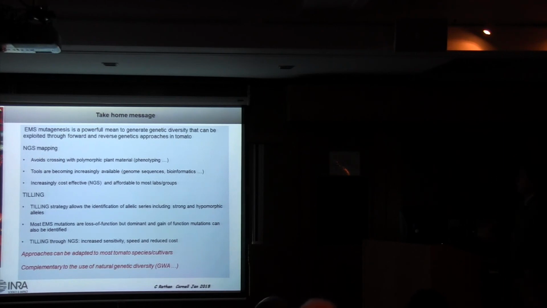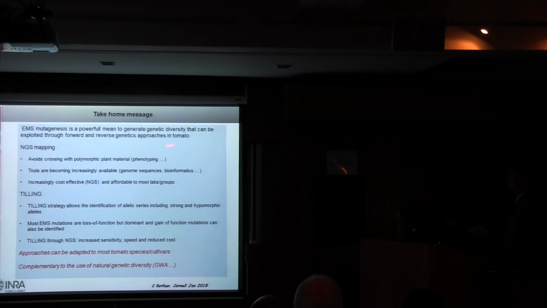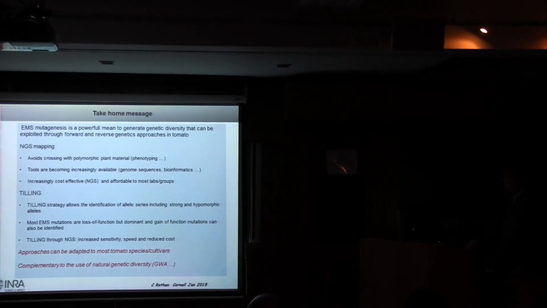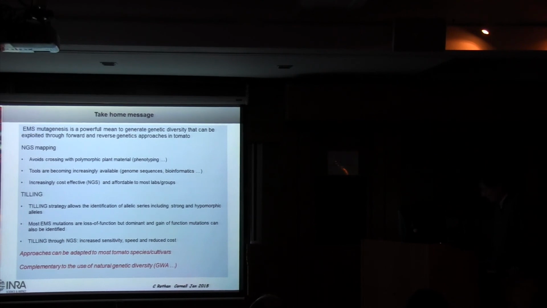With all the tools, and we had a very nice tour this morning of the facilities here, I think with genome sequencing, bioinformatics, and so on, we have all the tools in tomato to use these mutants, but I think it's the same for all plants, crop species in which we can have an EMS collection. And next, we can also use, but this has been known for a while, TILLING to identify allelic series.